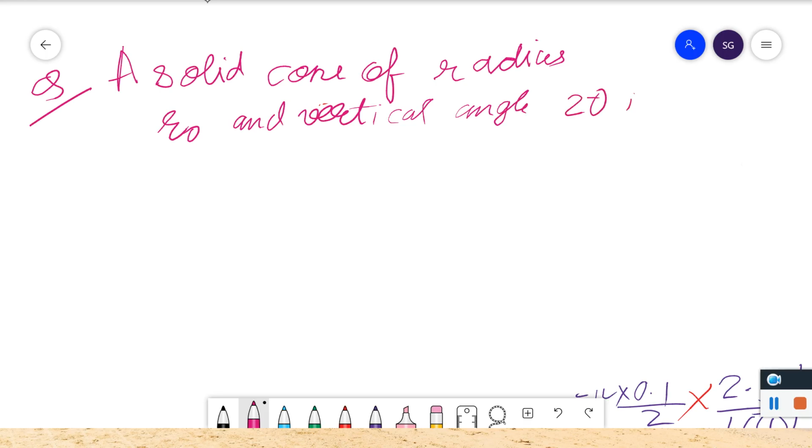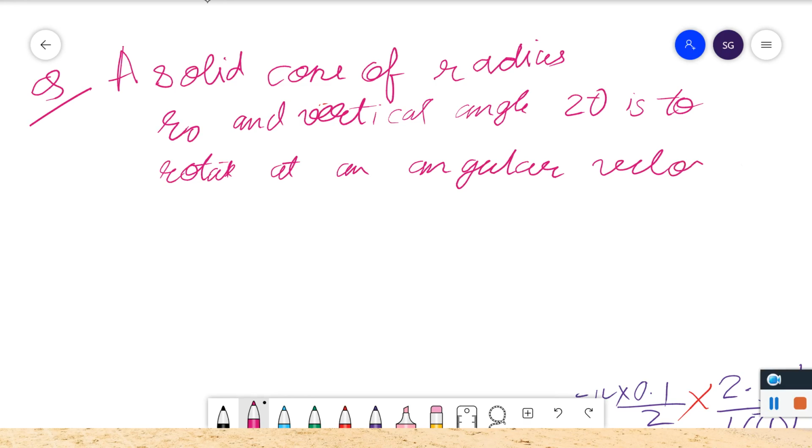is to rotate at an angular velocity omega.